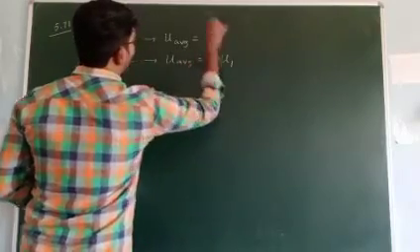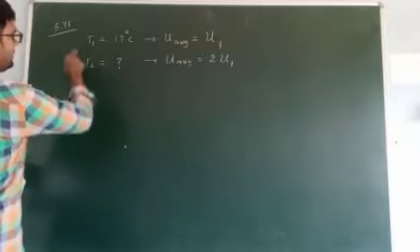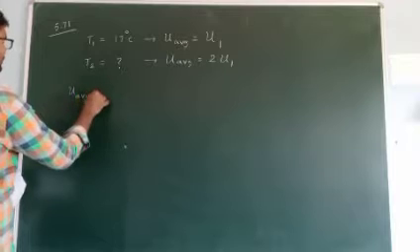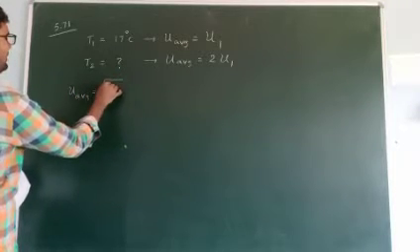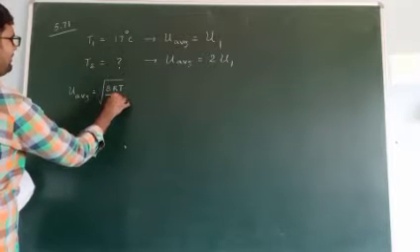Double means 2U1. Okay, what is the relation between average speed and temperature? Actually, U average is equal to root over 8RT by pi m.